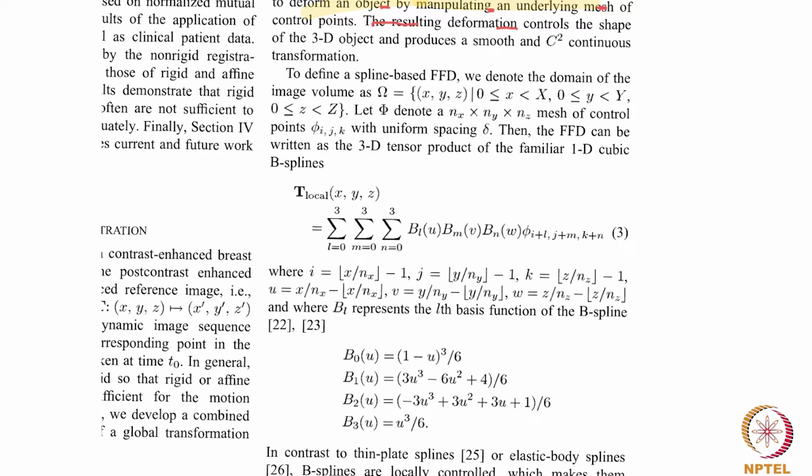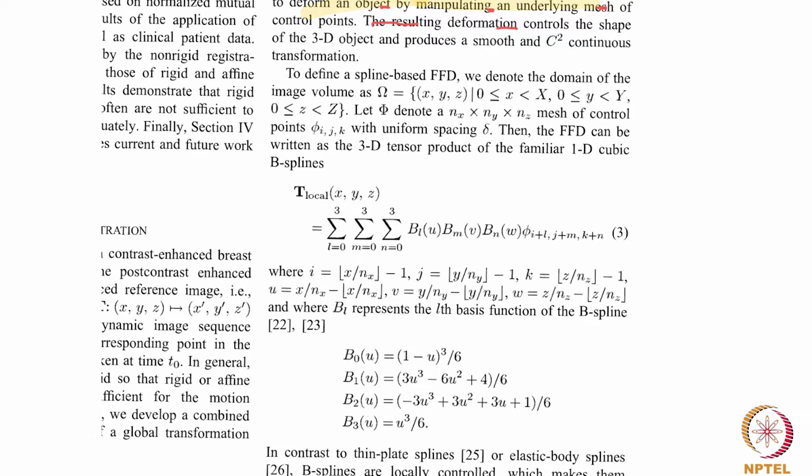You can have any number depending on how accurate or how smooth you want it, but for the cubic B-spline, this is the typical number used. So this will translate to about 4 times 4 times 4, about 64 control points, used to estimate the deformation at one point.